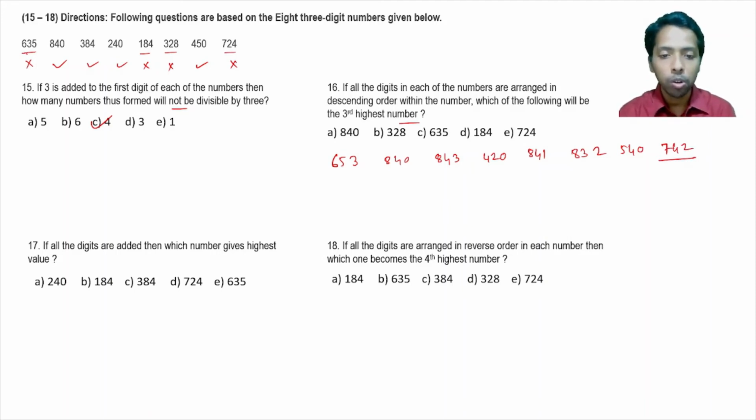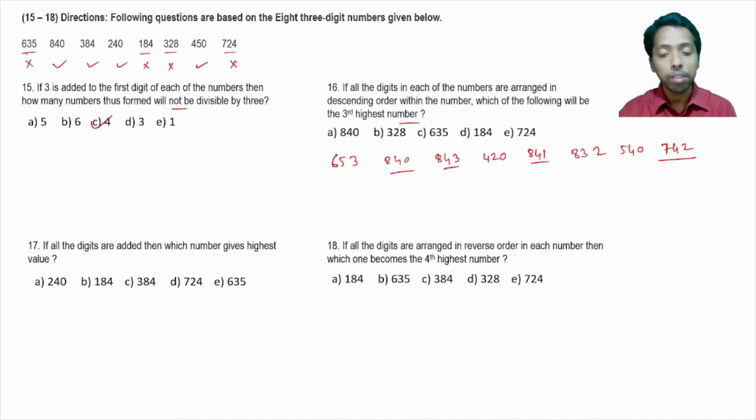Now, which of the following will be third highest number? So, first highest number, that is 843, right? Second highest, third highest, so 840. 840 is the third highest number. What's the base number? Just mark my words carefully: after changing the digits within each of these numbers, if the number changes, that would not be the answer.